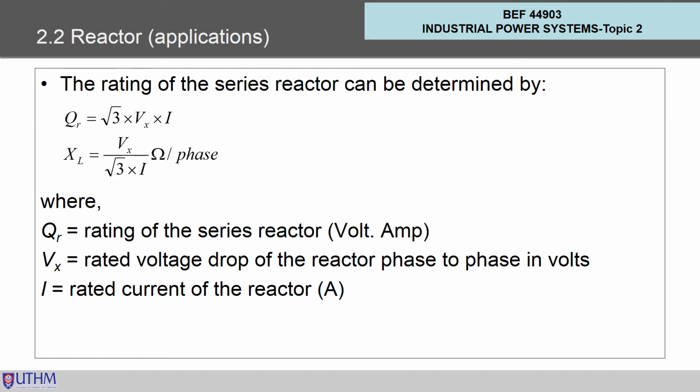The first one is to calculate the QR, and then to calculate the XL by using this formula, where QR is the rating of the series reactor in volt-amp unit, Vx is the rated voltage drop of the reactor phase to phase in volts, and I is the rated current of the reactor.